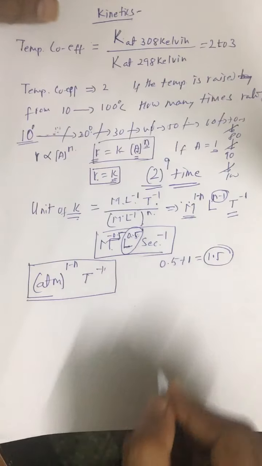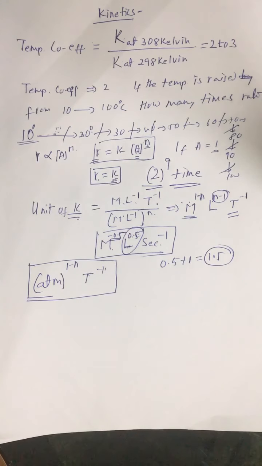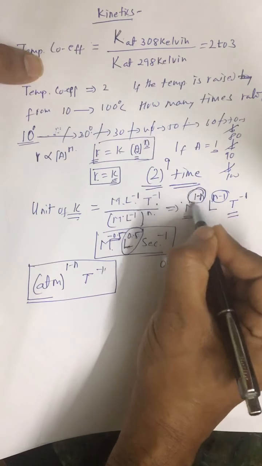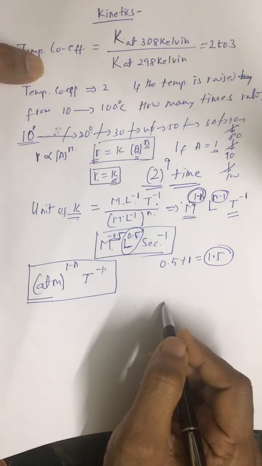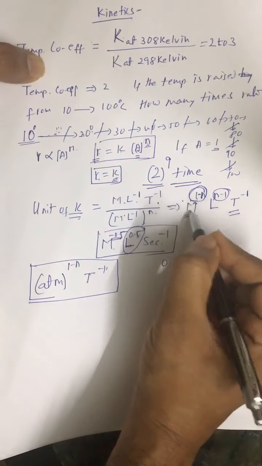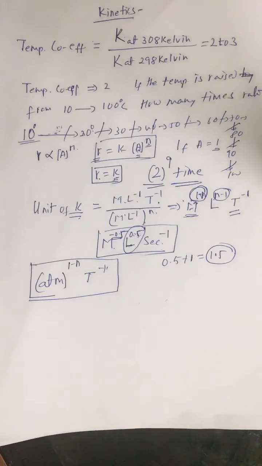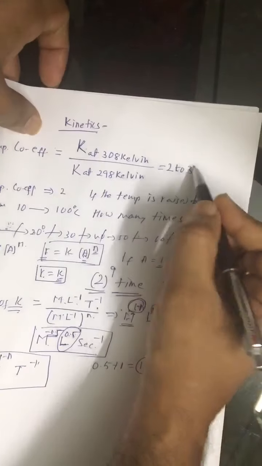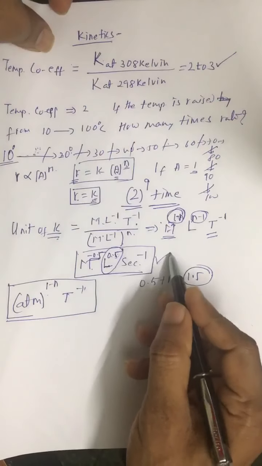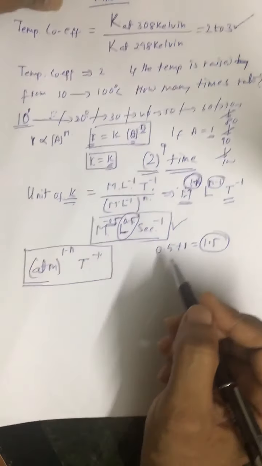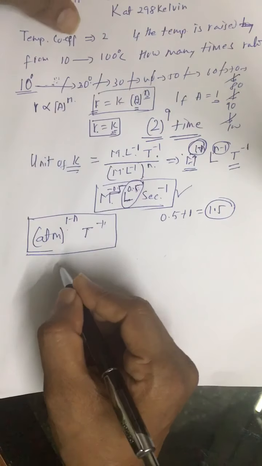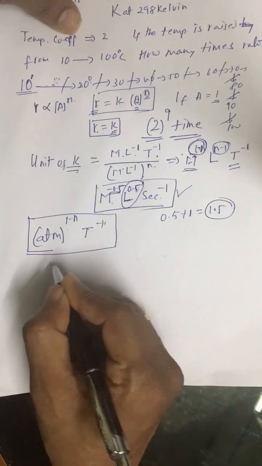Means whatever is the exponent of mole per liter, whatever is the exponent of mole, that will be the power of atmosphere. So this is one important point, temperature coefficient. The second one, this is also a very important point. And third, related to the factors affecting rate of reaction, that is temperature factor.